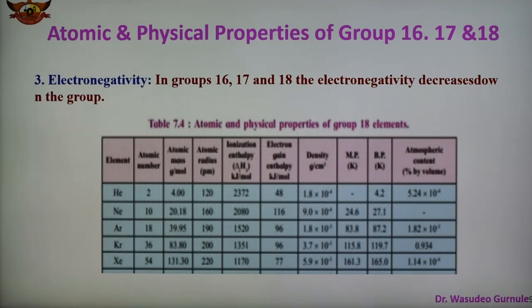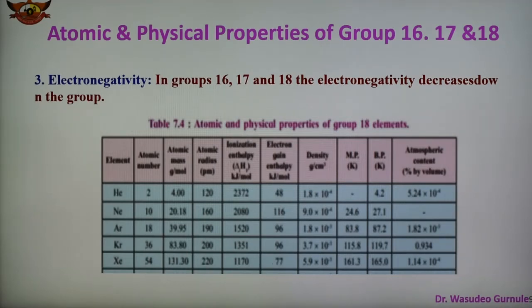The electronegativity of group number 16, 17 and 18 is also given in the table. In the oxygen family, oxygen is strongly electronegative in character. The value of electronegativity decreases with the increase in atomic number down the group, and this is due to the increase in size of the atom and decrease in effective nuclear charge as we go down the group.